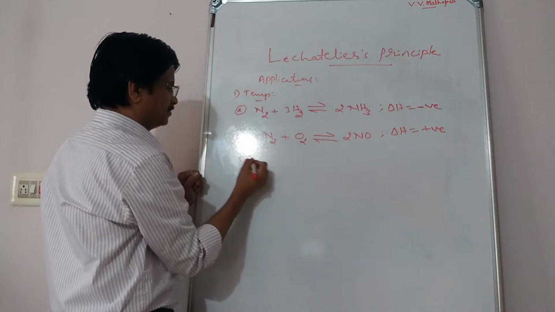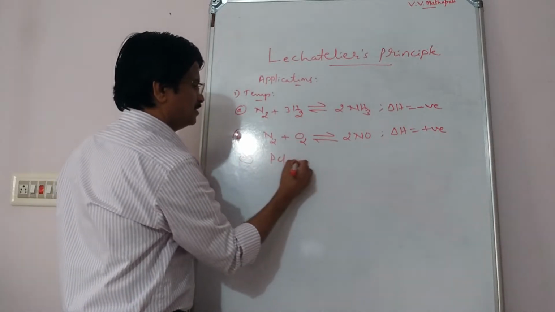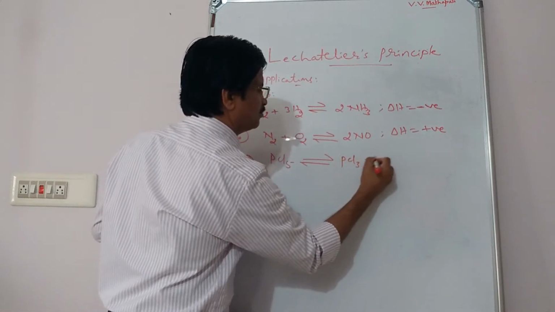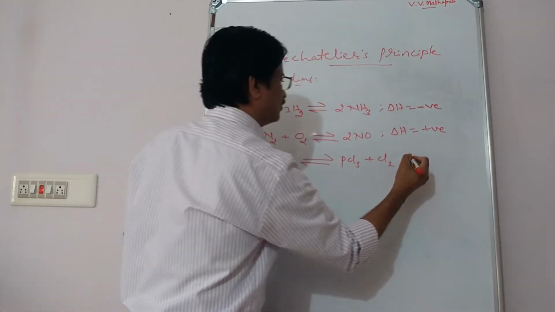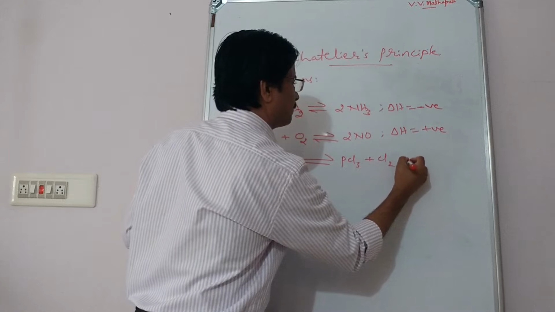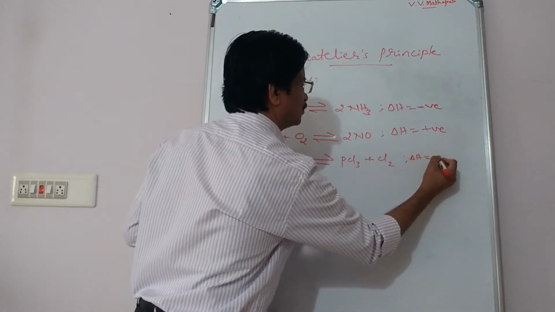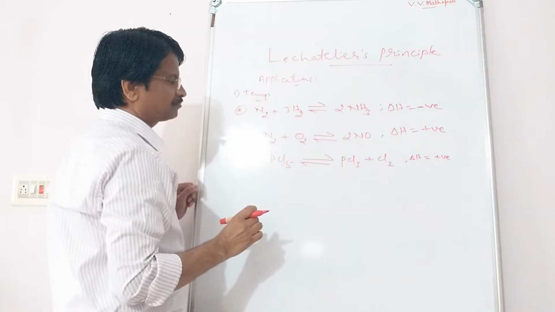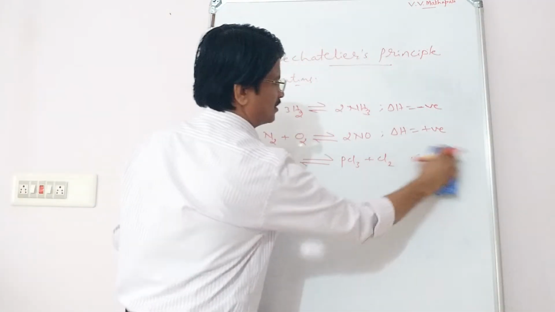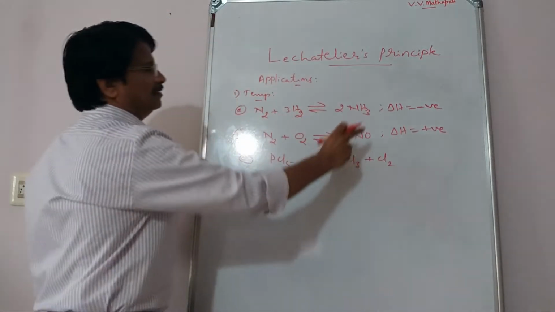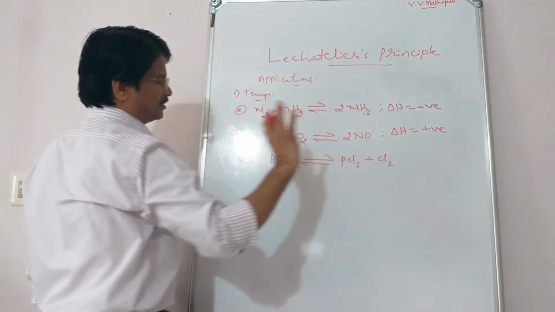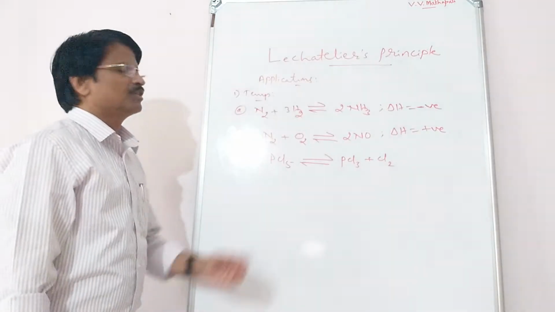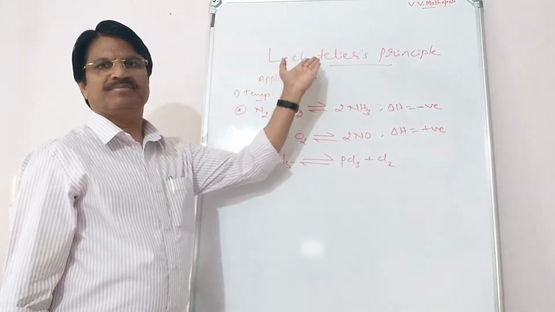C: PCl5 reversible to PCl3 plus Cl2, delta H positive, or delta H not necessary. Exothermic, endothermic and other equation. So three equations I considered to explain the application of Le Chatelier's principle.